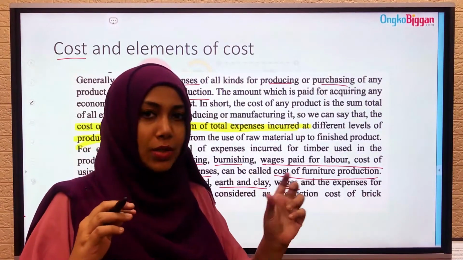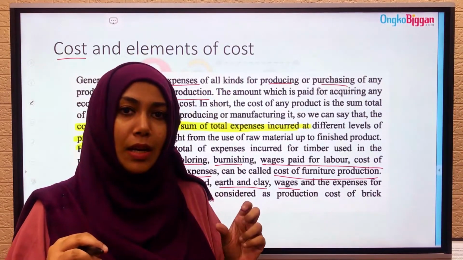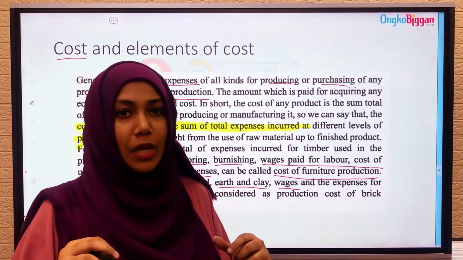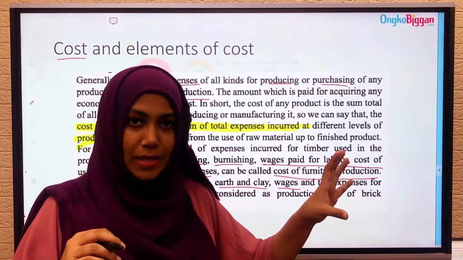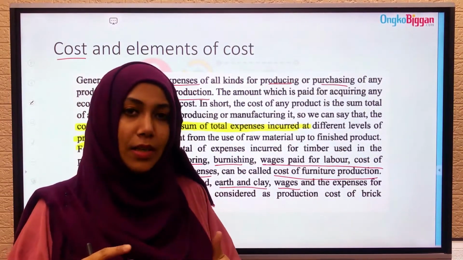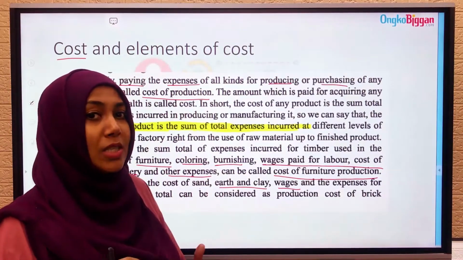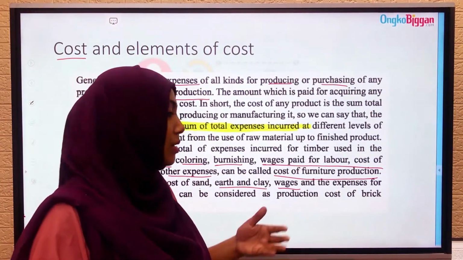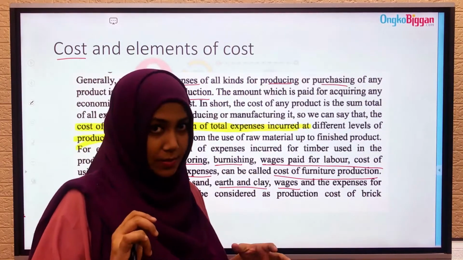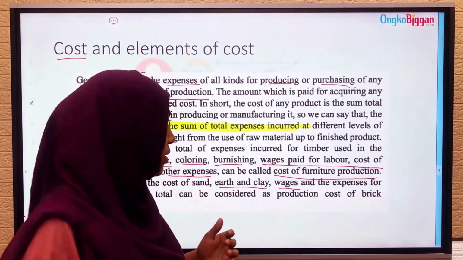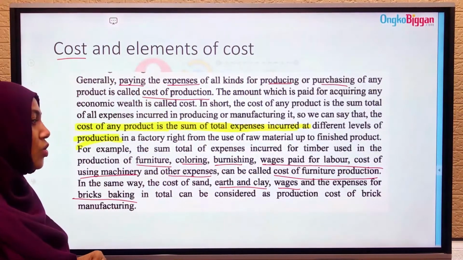There are two words: one is wages, another one is salary. Wages are for the direct expenses and salary for the indirect ones, because the people who work directly to produce the product get the wages, I mean daily payment.